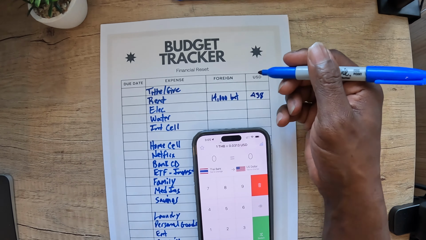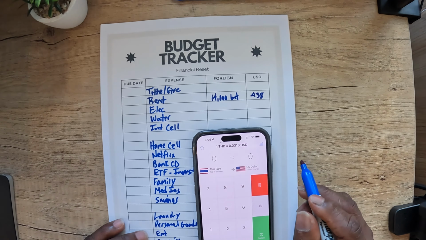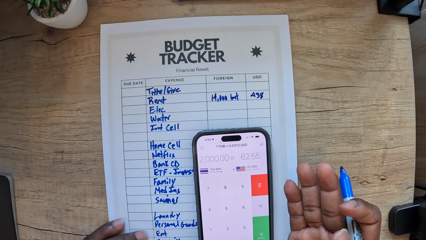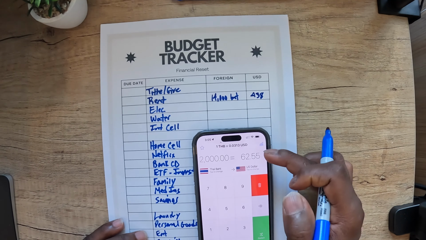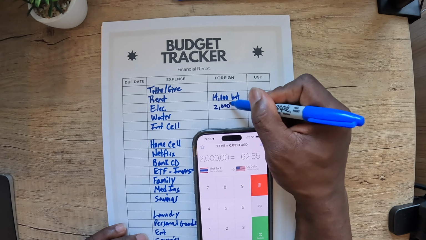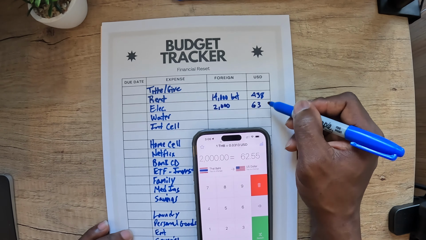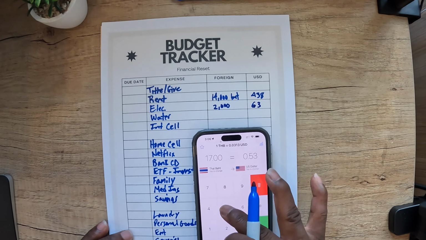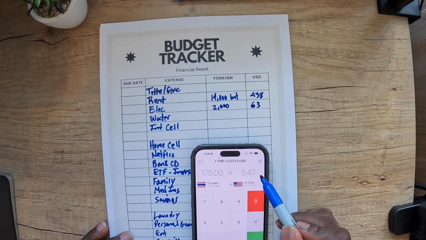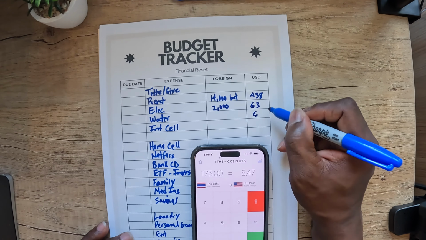Next, electric. And for me, it averages around 2,000 baht per month. Sometimes 1,800, but I just go ahead and put 2,000, which comes to $62.55. I round up to $63. A water expense of 175 baht per month comes to $5.47 USD, rounded up to $6.